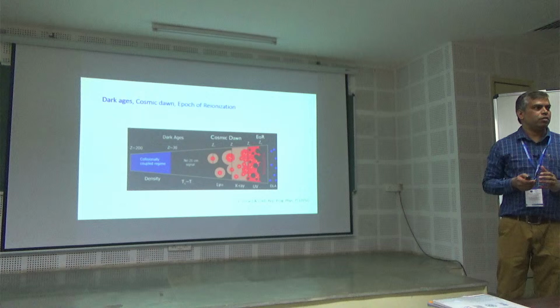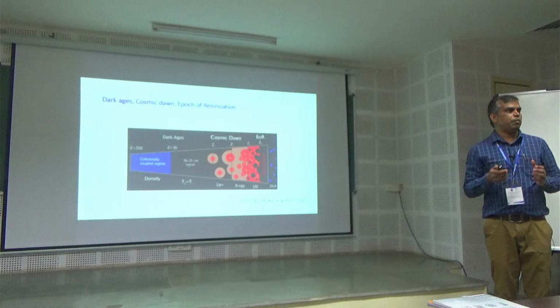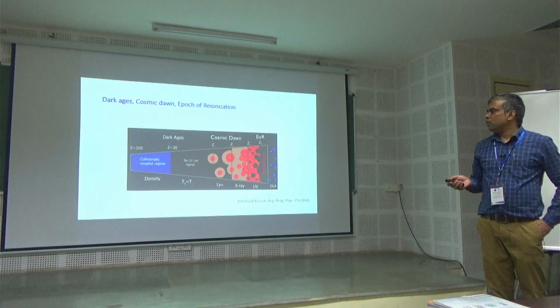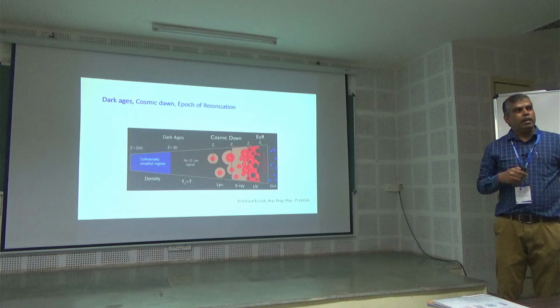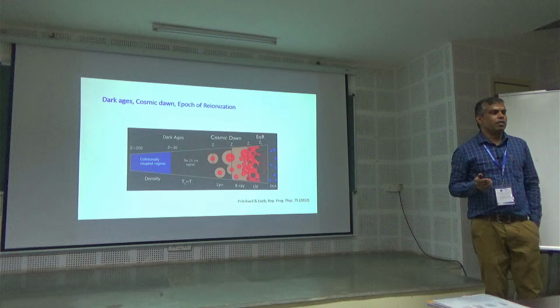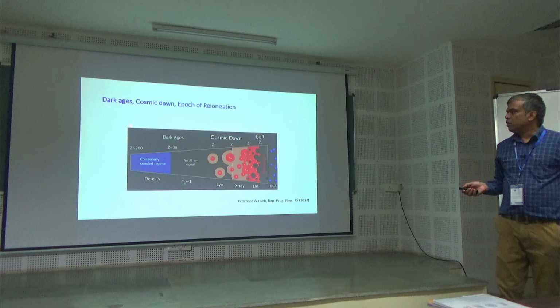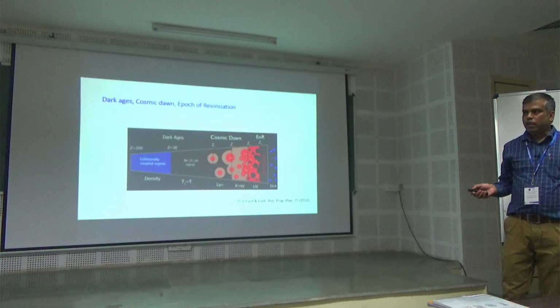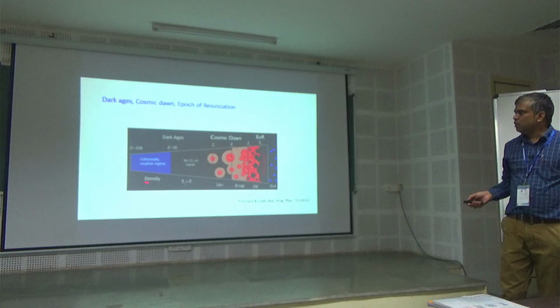That composes mostly the baryon part, and then you have dark matter, dark energy. And at that time, there are no luminous sources, as you know, and the universe was basically dark during that phase, and that episode is known as the Dark Ages.